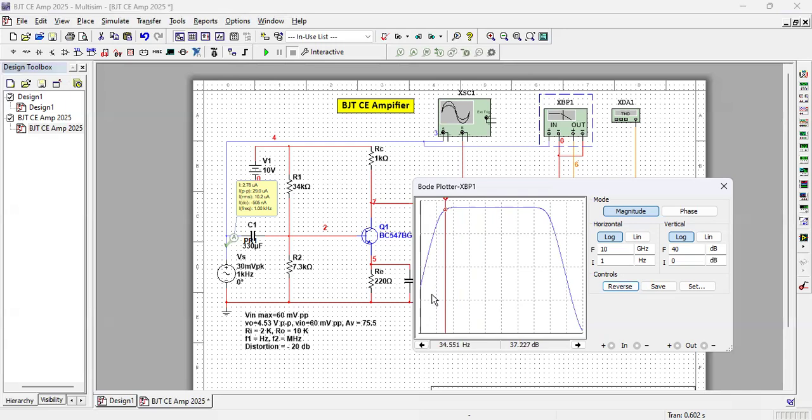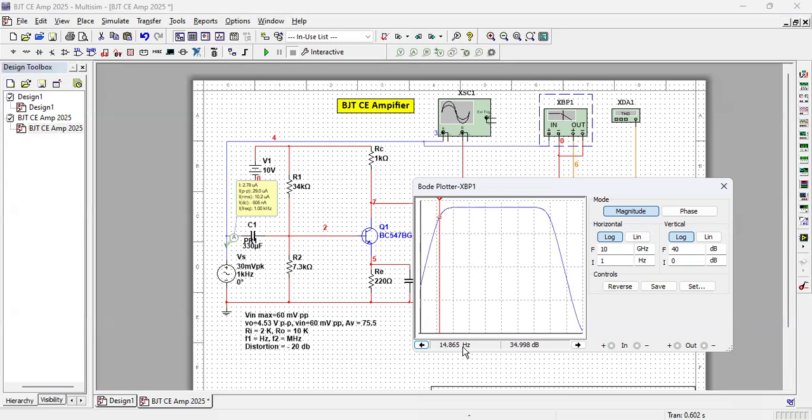35. Then I use this cursor. Look at this. I'll make it around 35, 34.998 dB. So this is the minus 3 dB frequency. And what is this? 14.85865 hertz.